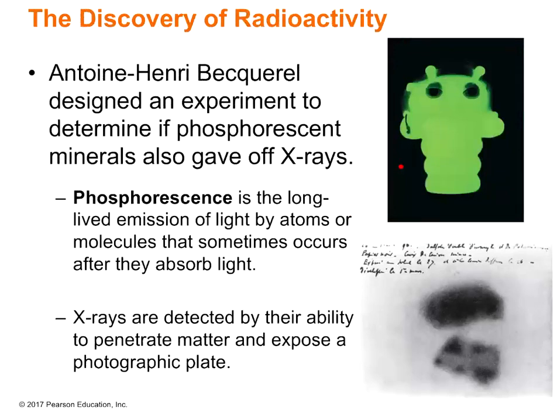So let's talk about how radioactivity was discovered. There are some chemicals or molecules that when they're exposed to sunlight will still glow if they're put into a dark room.